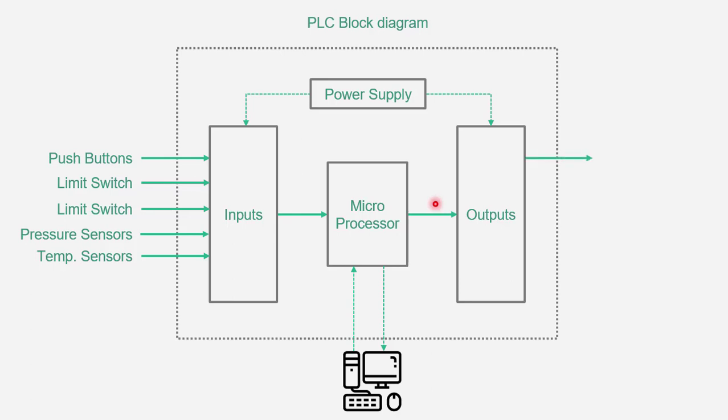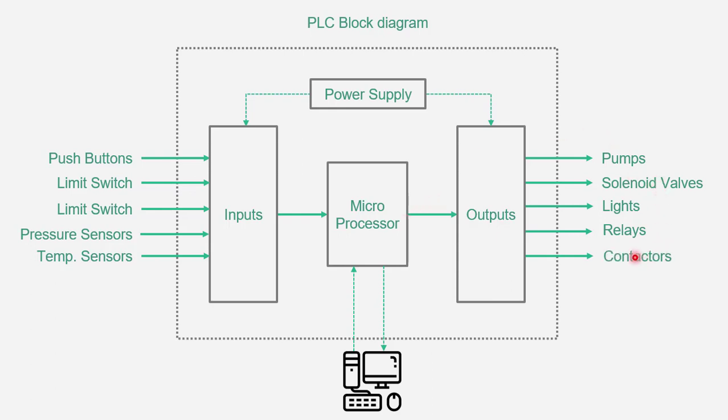Then what are the output types we can connect? Simply we have different pumps, solenoid valves, and lights. Any output device will be driven. Okay, so relays and contactors, these are the different types. There will be more also, but for example we have taken these.